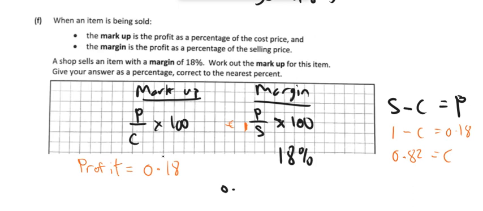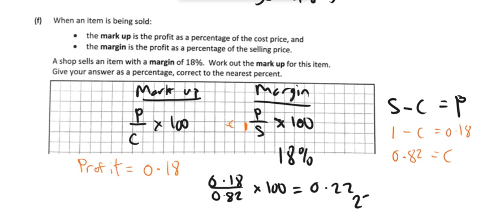Yeah, so 0.18, the profit over cost price, which is 0.82, multiplied by 100, and then you put that in the calculator, and we should get 0.22, and that's 22%.